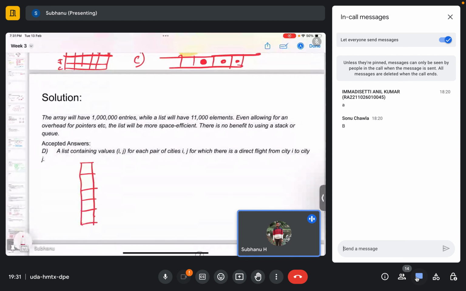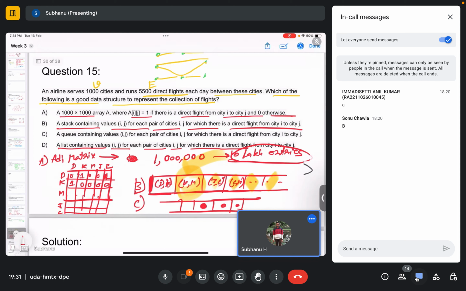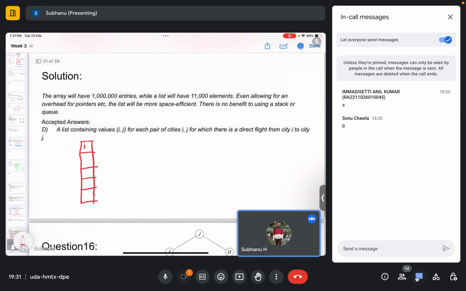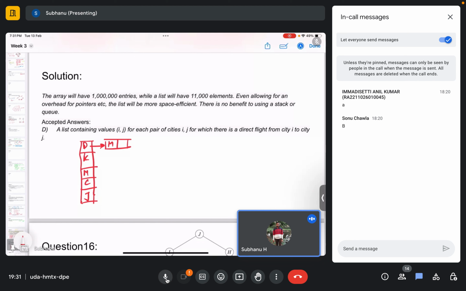as the question is suggesting. The question is suggesting a list containing value ij for each pair of cities i and j for which there is a direct flight. So this will be your i: Delhi, Kolkata, Mumbai, Chennai, Jaipur. If you have a direct flight from Delhi to Mumbai, then you can do it like this.